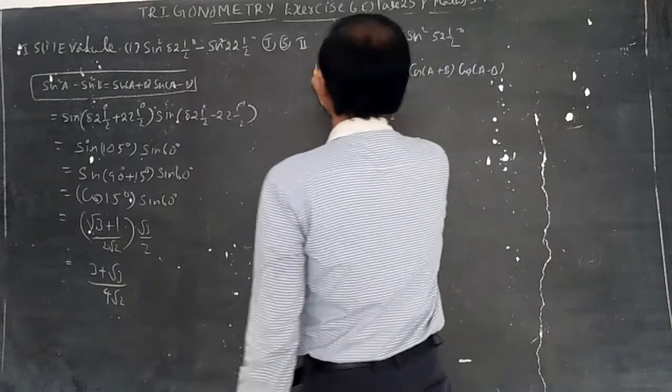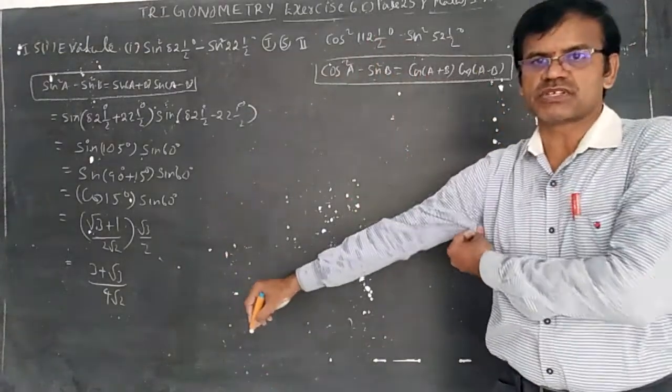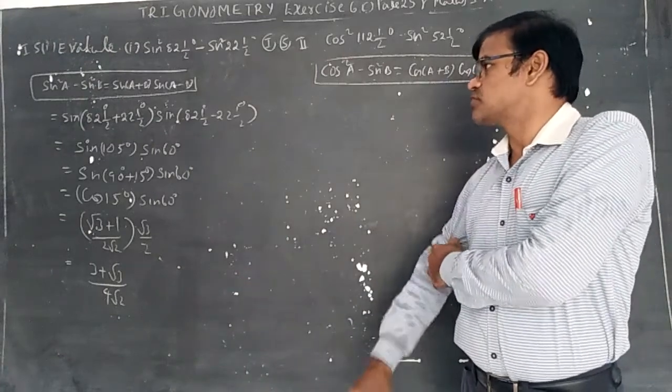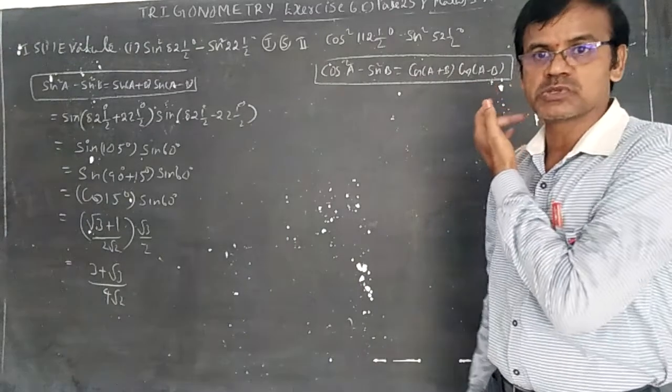Before going to discuss the theory of exercise 6, I said the two formulas in first only: sin of A plus B into sin of A minus B and cos of A plus B into cos of A minus B, proved also.